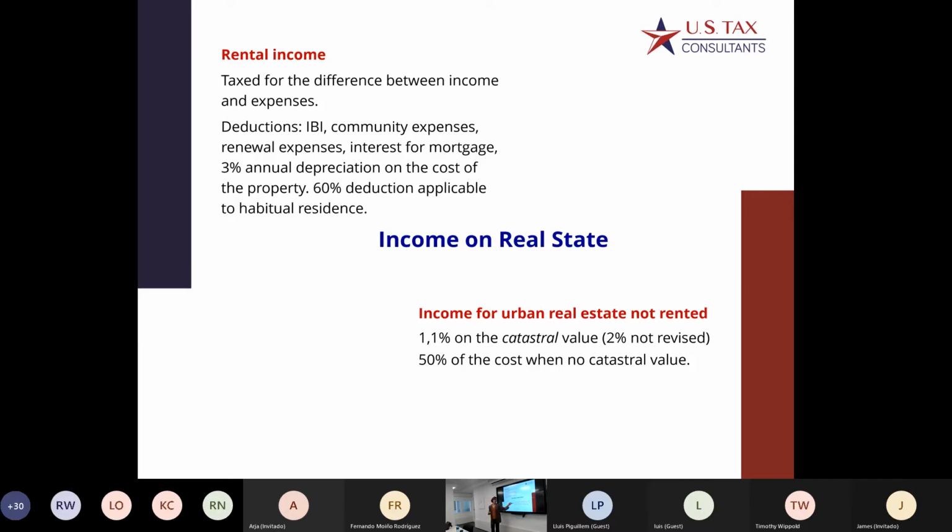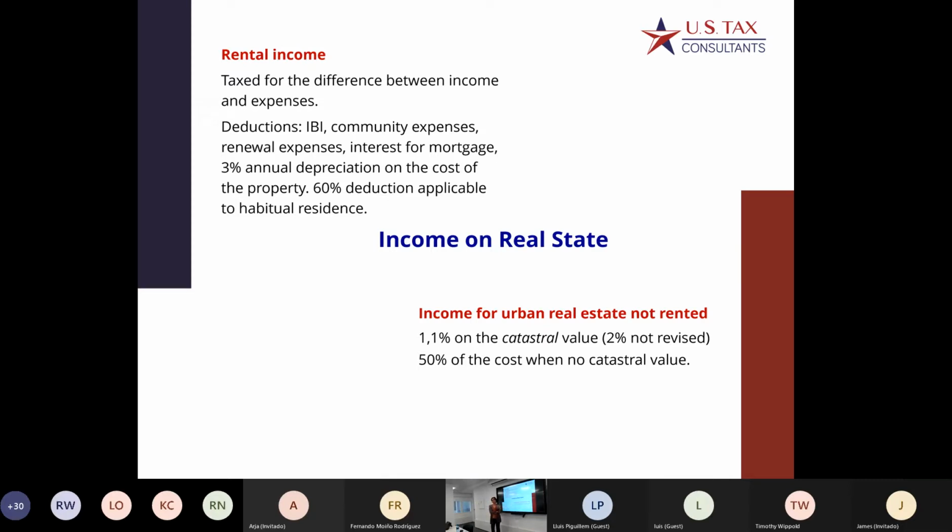Also, and I know it's difficult to understand when you are not Spanish, even if you are Spanish, if you have a property that is not your habitual house and it's not rented, it's just for your personal use, your second house or whatever, you have to declare it for its value, okay?